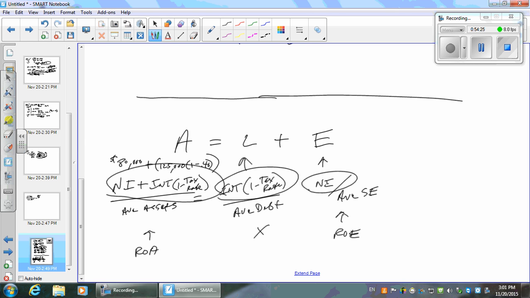So if you put 125,000 on your tax return as an expense, your taxes are going to go down by 40% of that. So what's your net cost of the interest? That's 60% of it. If I'm paying 10% interest and the government picks up 40% of it, what do I really pay? 6%, right? This is all that's happening here.